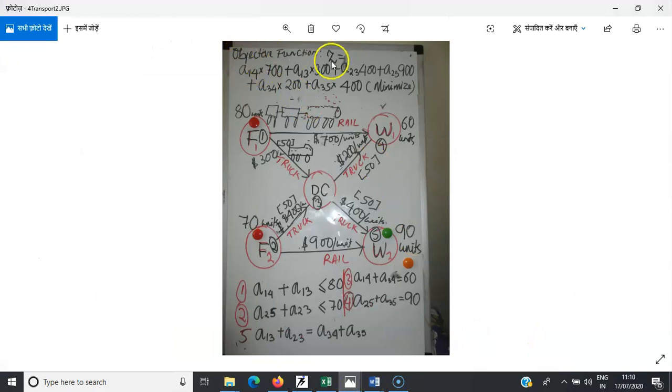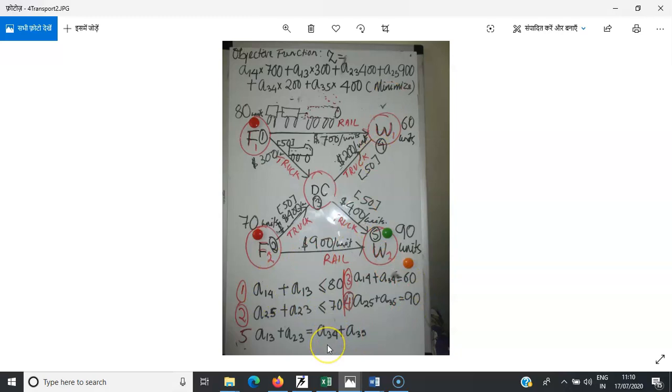So this is the objective function we saw: A14, the material getting transported from 1 to 4, into 700. Can you see here? A13, the material transportation cost is 300, then A23 is 400, A25 then is 900. So combining it together, we have to minimize the cost, and we have to follow these constraints also.